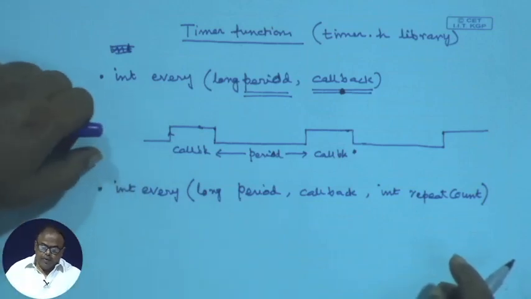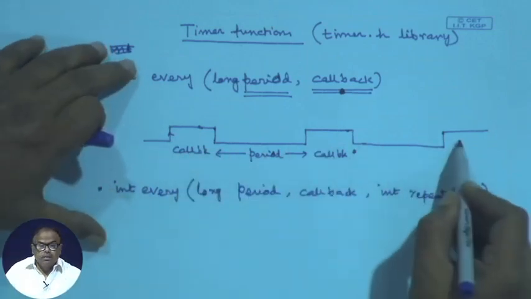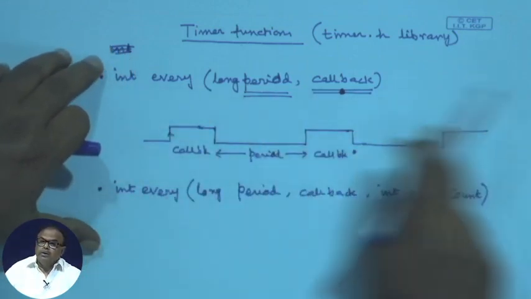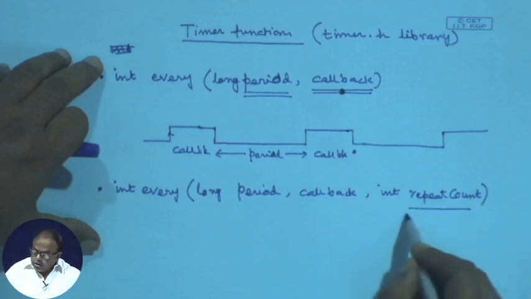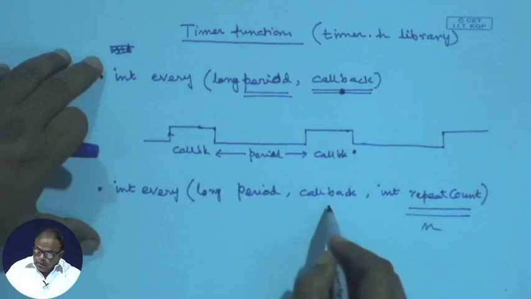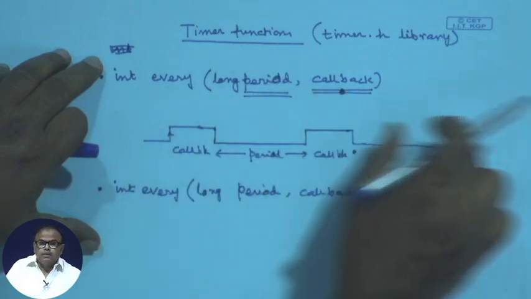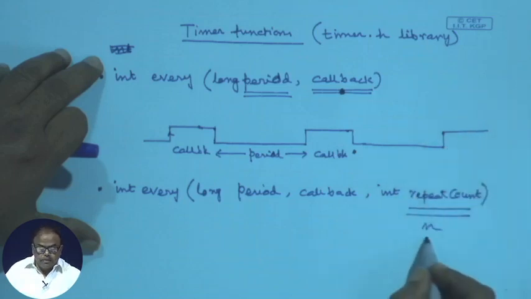What does it do? It will carry out the same thing. Here it was a periodic thing that will go on and on. Here I give a count, say n number of times, and it will call this callback. So, this periodic function will be instantiated n number of times.